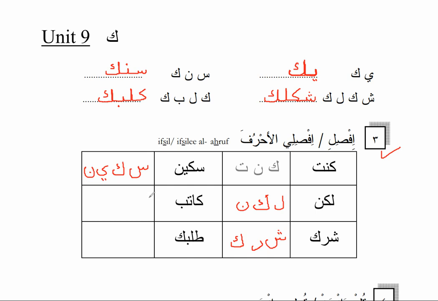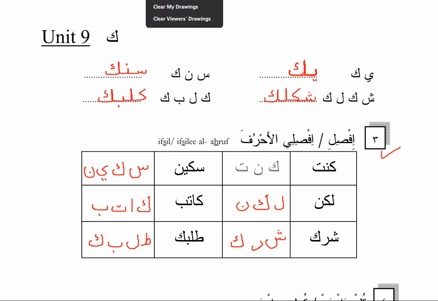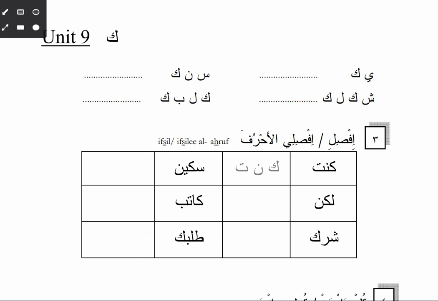Then we have kaf, alif, ta and ba. Ta, lam, ba and kaf. Let's quickly move on to our next question.